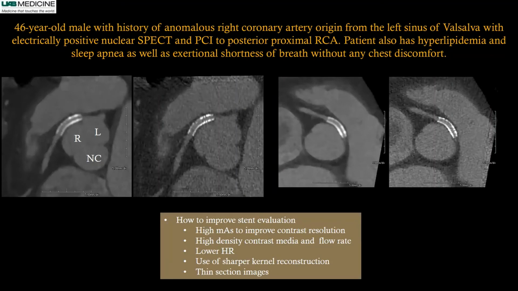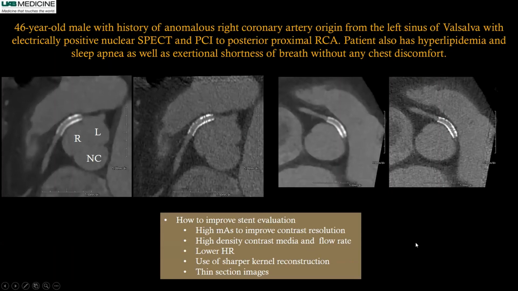Many places only have one type of contrast, like we usually use 350 milligrams of iodine, but higher density contrasts are available. You also want to use a higher flow rate, and of course, decrease the heart rate as low as possible, close to 60. After the scan is done, you can use a sharper kernel reconstruction and thinner images, which can improve stent visualization.